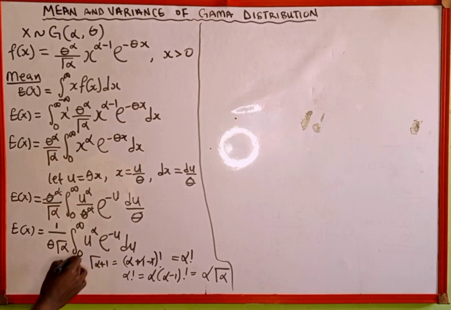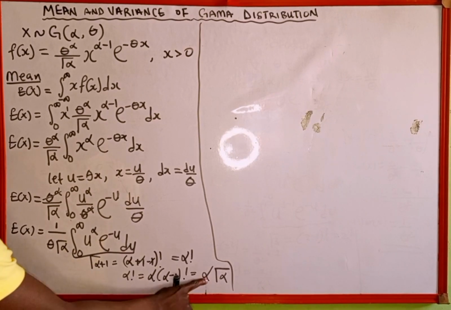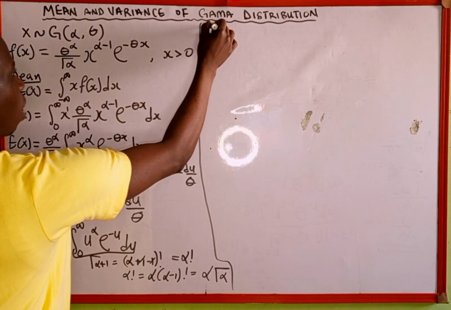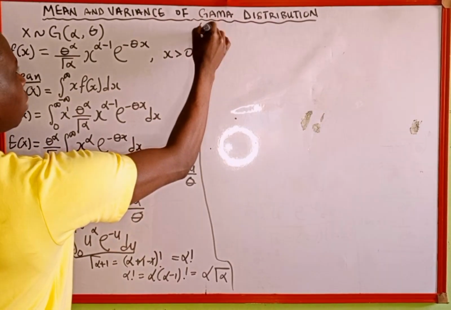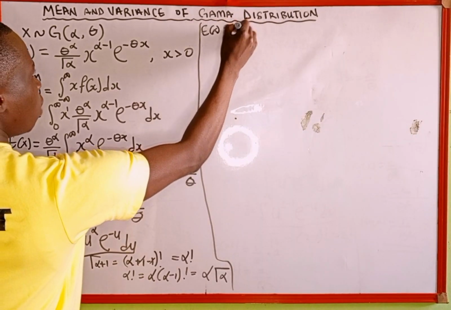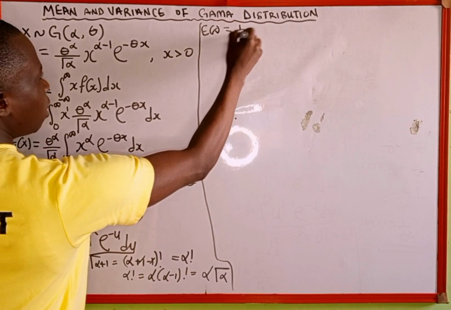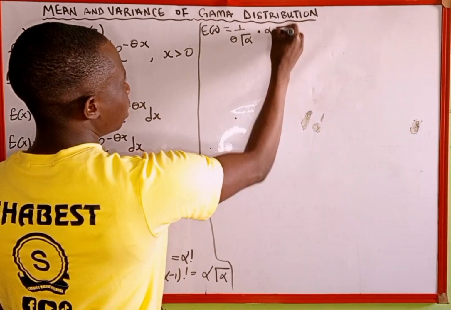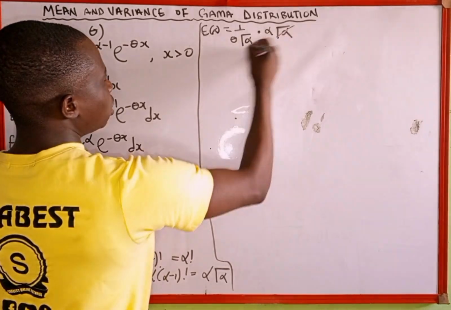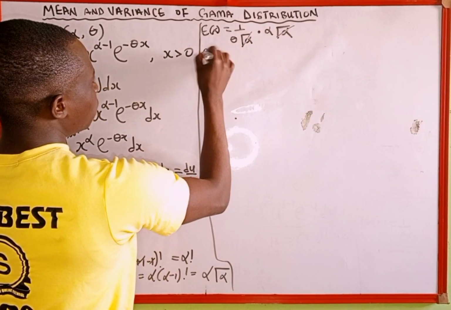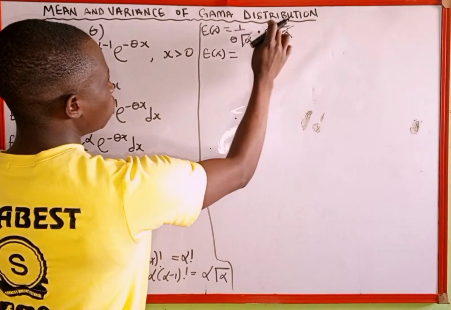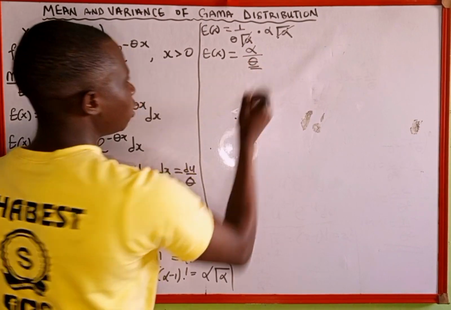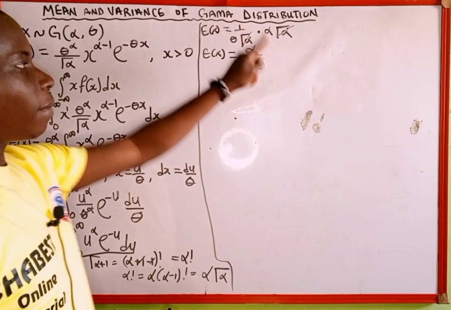The expected value of x is now equal to 1 over theta, then gamma of alpha, multiplied by alpha, then gamma of alpha. So this cancels out this. Then the expected value of x will be equal to 1 multiplied by alpha, which is alpha, and we are left with only theta here, so alpha over theta. This is the mean of a gamma distribution.